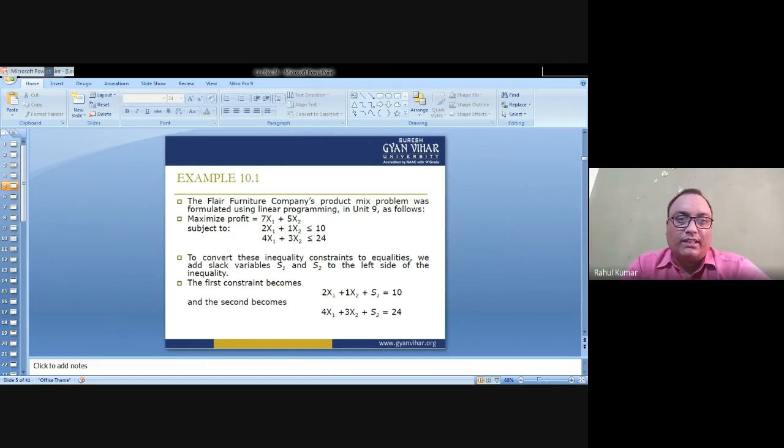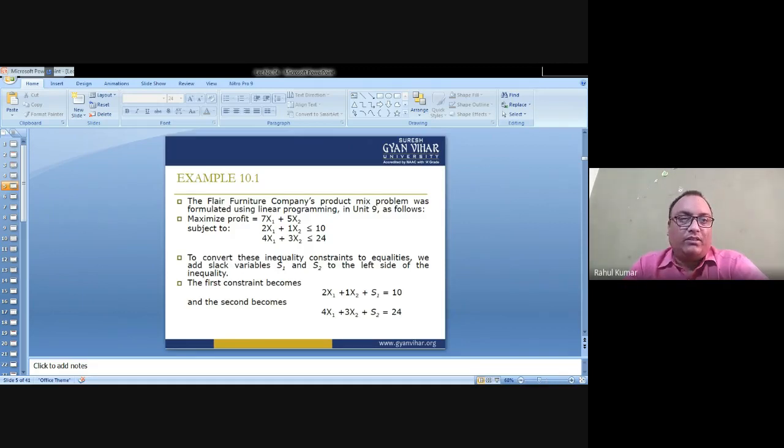To convert these inequality constraints to equalities, we add slack variables. Here the constraints are only two. This problem we can easily solve by the graphical method, but we adopt the approach of solving it by the simplex method.